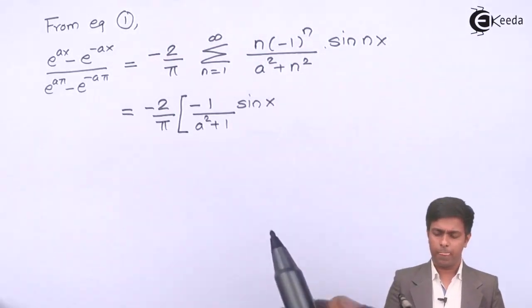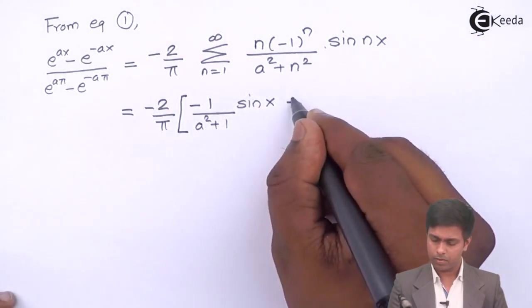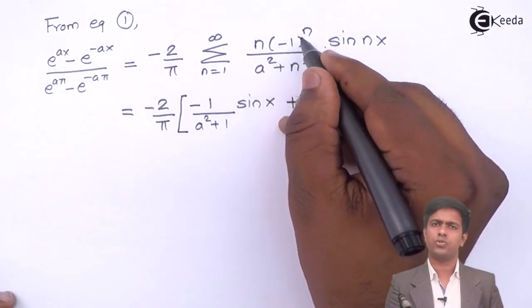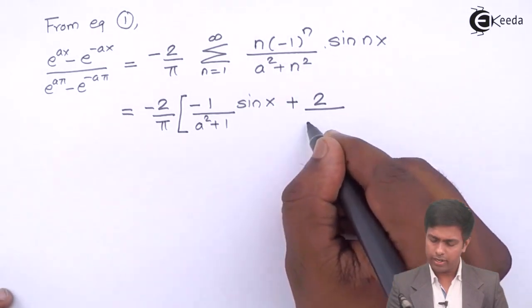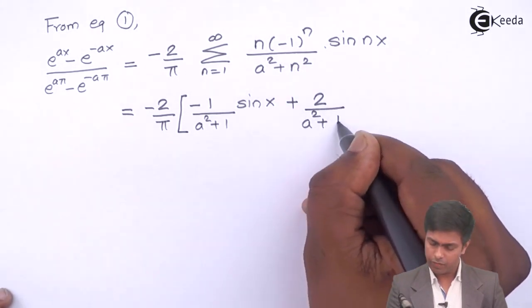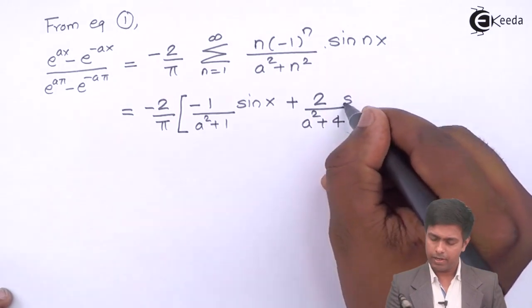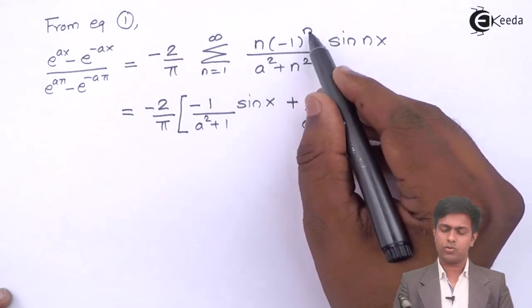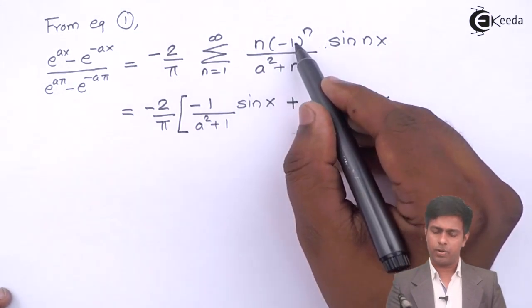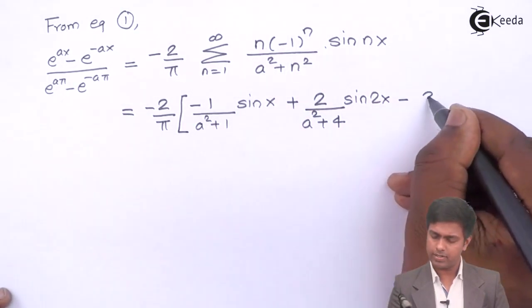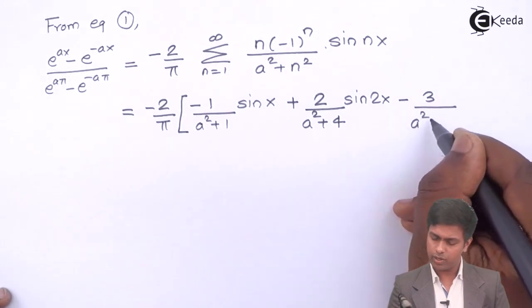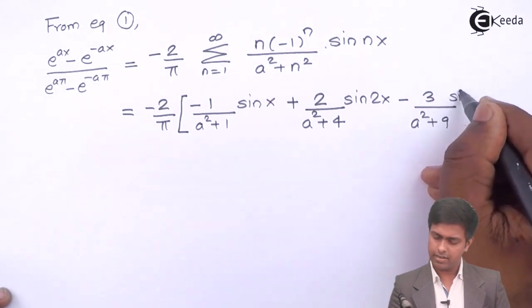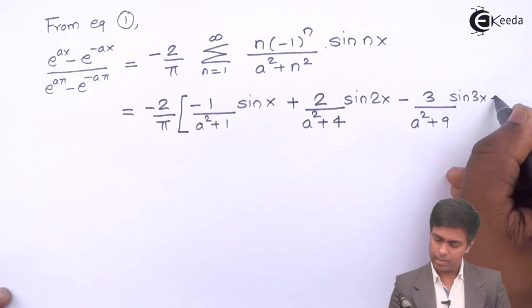Next, n is 2, so this will be 2 into minus 1 square, because n is 2, minus 1 square is 1, upon a square plus 4, into sine of 2x. Next, n is 3, so minus 1 cube is minus 1, so minus 1 into 3, so minus 3 upon a square plus 9 because 3 square is 9, and sine 3x, plus so on.